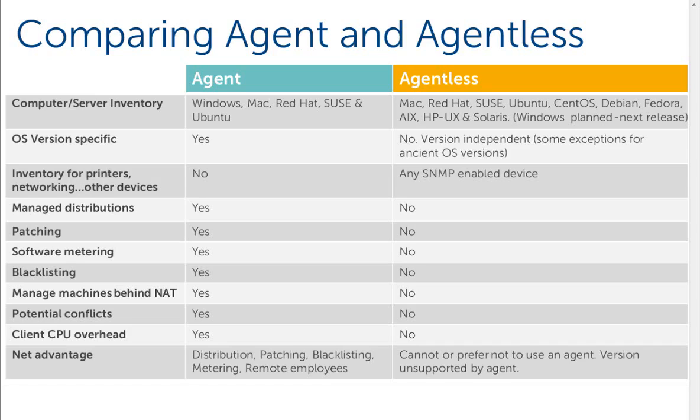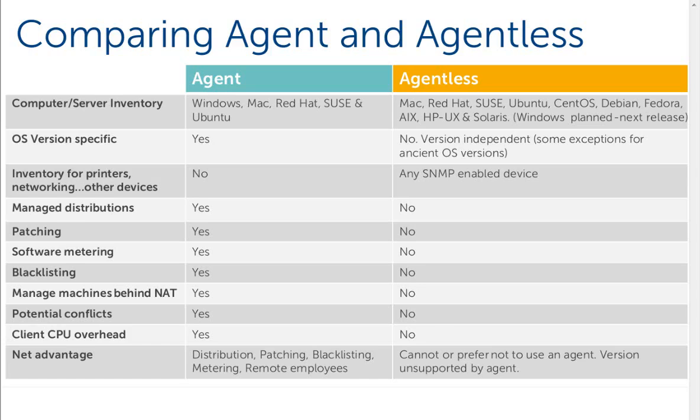So it's a good time to address a more specific frequently asked question: when to use an agent versus Agentless for Red Hat, SUSE, and Ubuntu, since you can use either for them now. Well, Agentless inventory is at parity with agent inventory, but Agentless does not support software distribution, patching, or software metering.